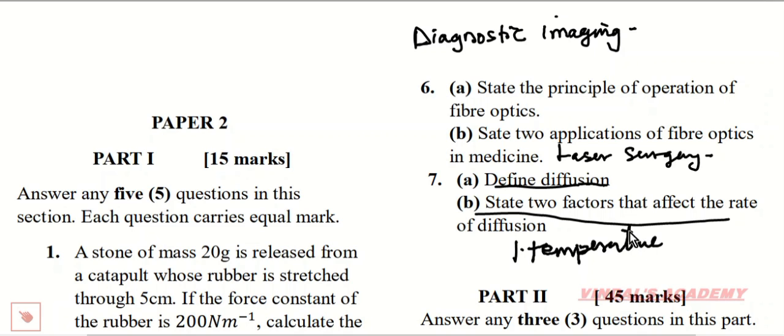You need to state that, because if the environment is damp, or is wet, is humid, it cannot. Number two is density of the substance. The substance itself that wants to mix must have a density, must play a role for it to mix.